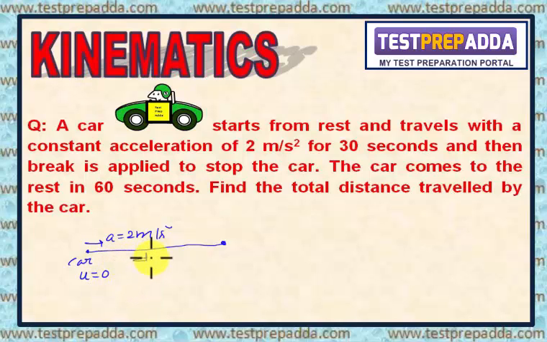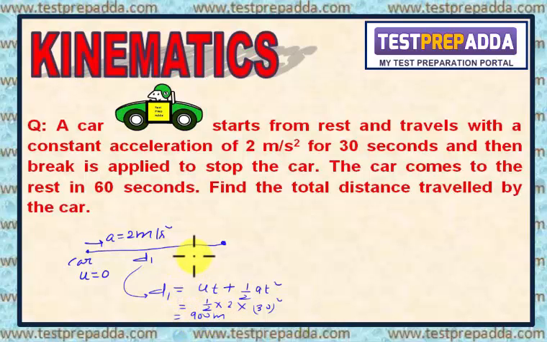So we will get this distance that the car will travel in 30 seconds. So d1 will be written as ut plus half at square. So this will be half into 2 into 30 square, and finally it comes as 900 meter.